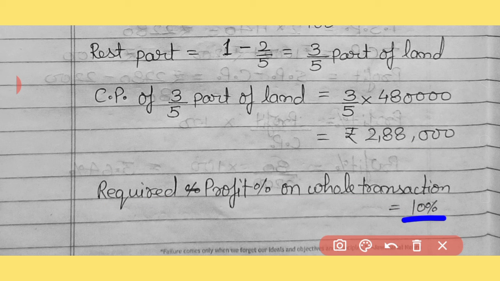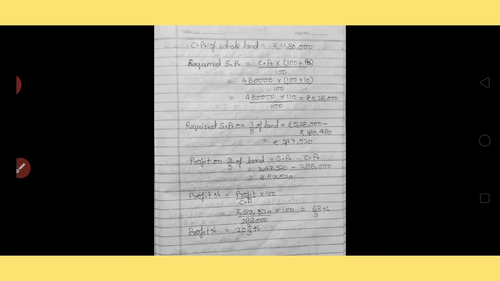So for how many rupees does he have to sell the rest? It says that on the whole 4,80,000 he needs a gain of 10%. So firstly we have to know the SP during a profit of 10%.